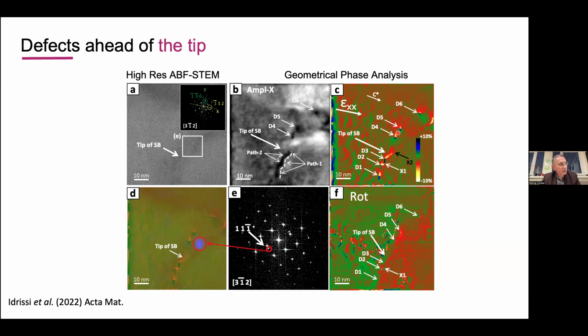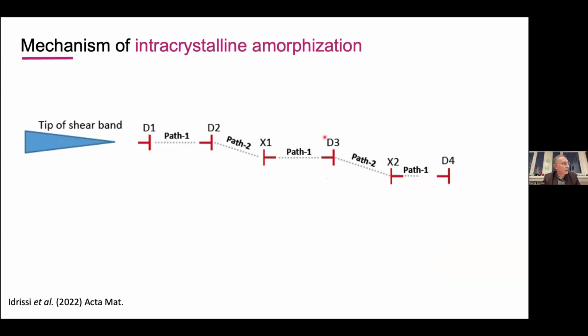And from the orientation of the Burgers vector, we can tell that those dislocations were not emitted by the tip and gliding to this position. It's not possible. The glide plane is oriented differently. So in fact, those dislocations were obviously nucleated ahead of the tip, ex nihilo, in the stress field of the amorphous, of the propagating amorphous lamellae.